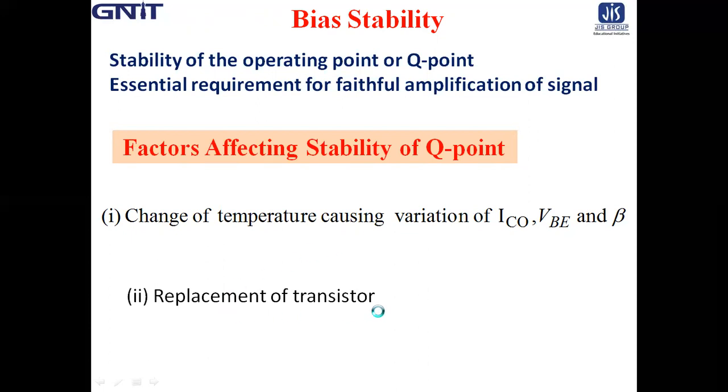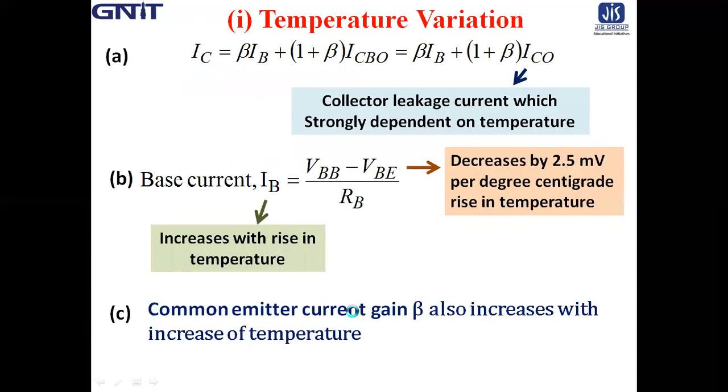And another is the replacement of a transistor by another of the same type, leading to variation of transistor parameters. So first we discuss the change of temperature, how temperature variation can change the collector current.